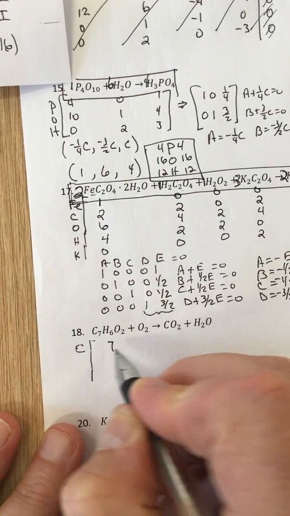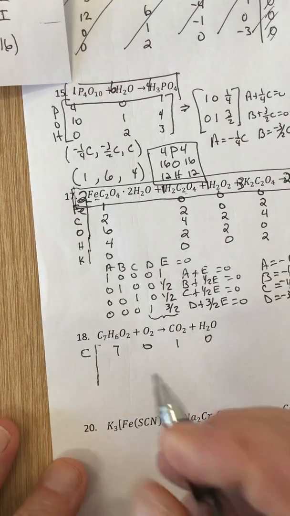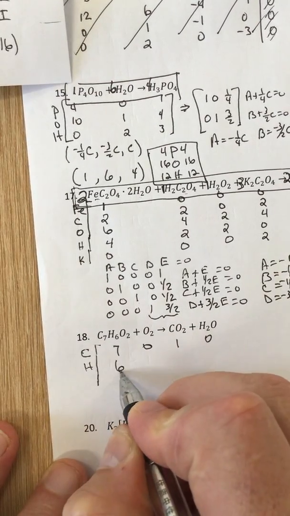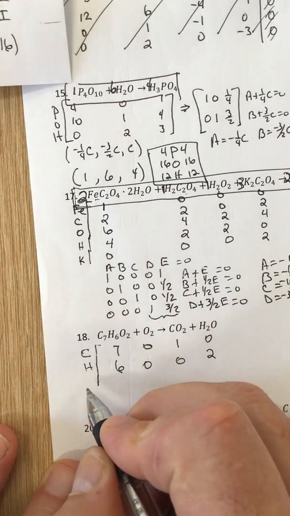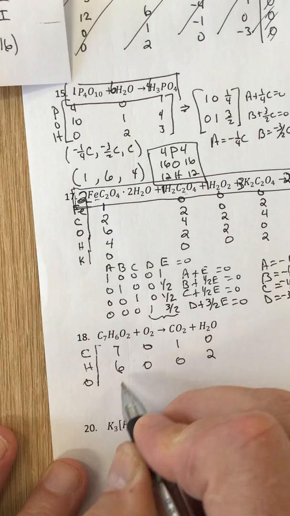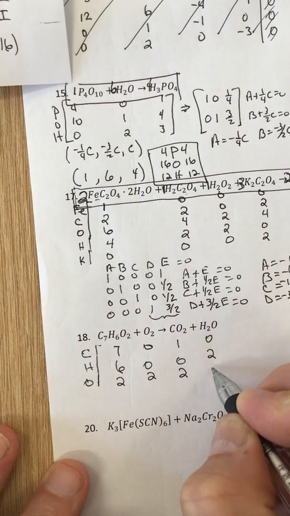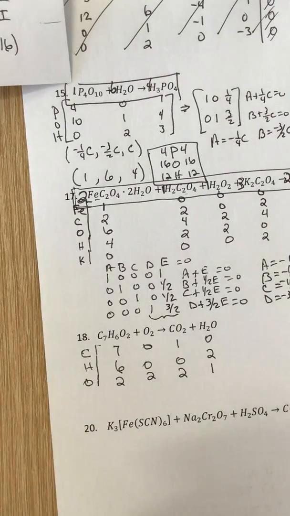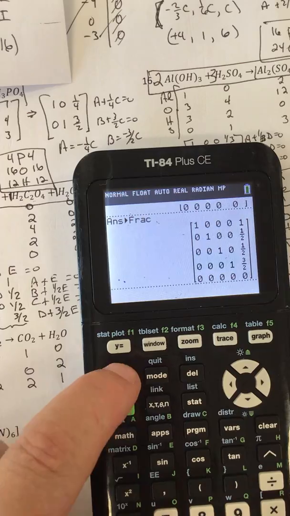Here are the carbons, there's 7, there's none, there's 1, and there's none. The hydrogens, there's 6, there's 0, there's 0, there's 2. The oxygens, there's 2, there's 2, there's 2, and there's 1. Okay, I'll let my magic machine do the rest.